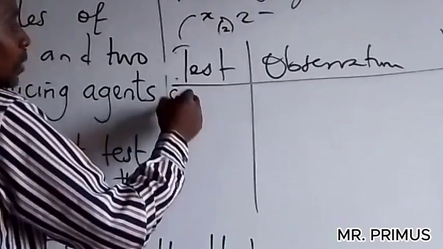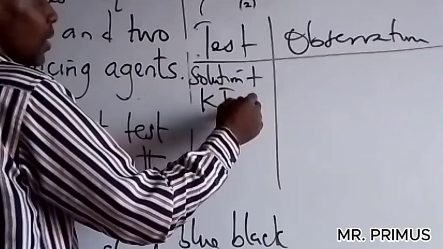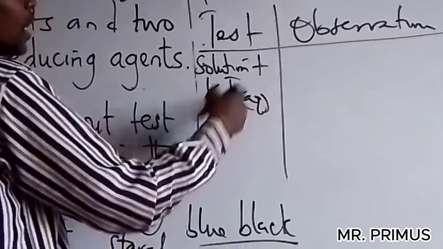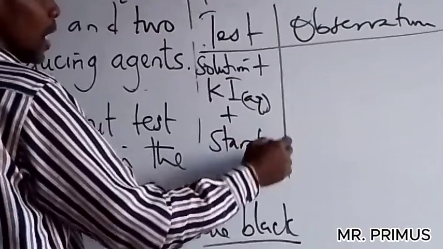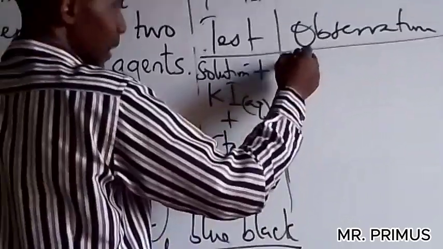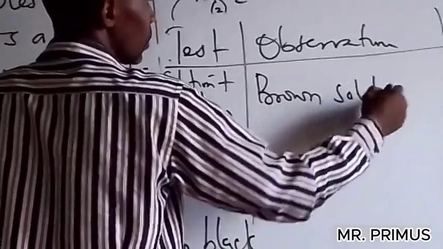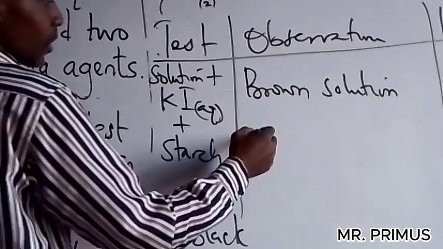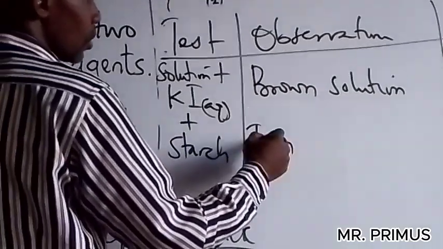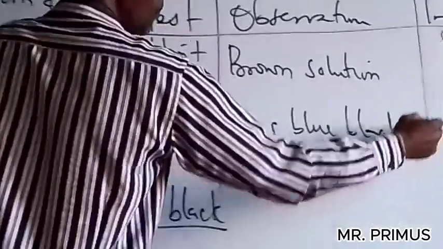Now solution or salt: solution plus potassium iodide, aqueous. Then you add starch solution. Now if you have a brown solution, then with this starch turns blue-black. Your inference is what?